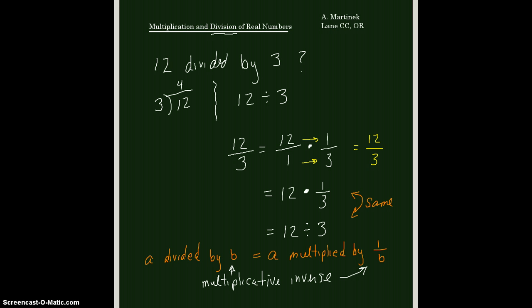A multiplicative inverse means that if I take B and multiply it by its multiplicative inverse, 1 over B, I'd get B over B, which is equal to 1.